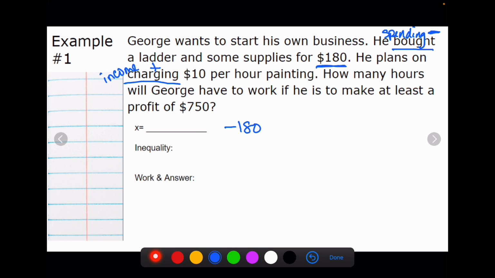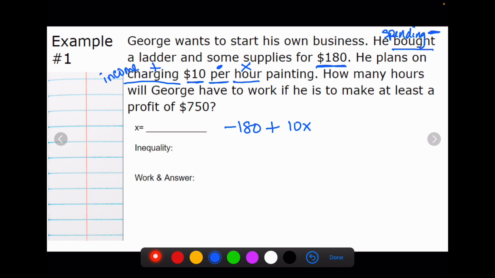Money is coming in as he's making that money, or painting houses or painting walls, okay? So we're going to put down a plus sign. He is charging $10 per, meaning times, hour. That's our X, okay? So I'm going to write that as a 10X.